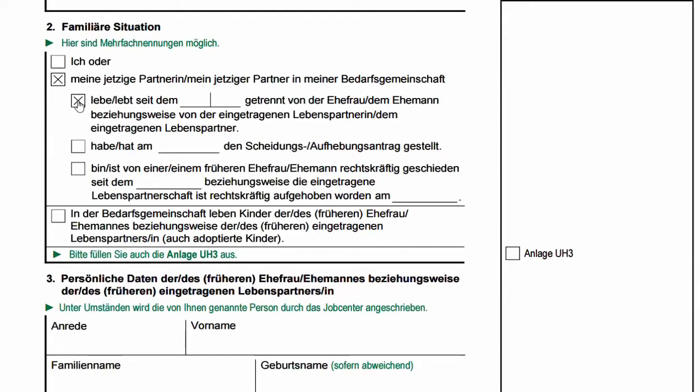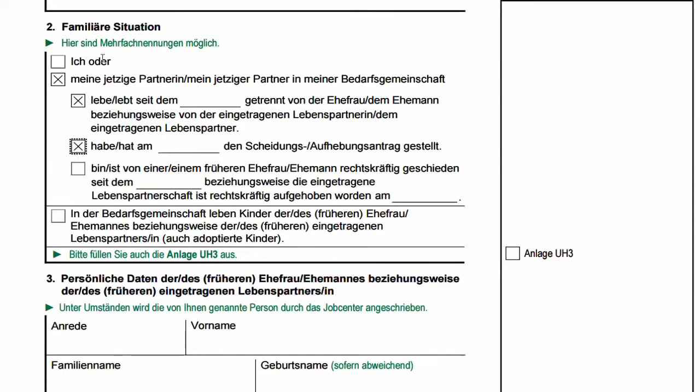And here you should also mark with a cross. Here you write the date in which you or your current partner has applied for divorce or the annulment of the same-sex partnership. Of course, if you or your current partner has applied for one of them. And here you should mark with a cross.